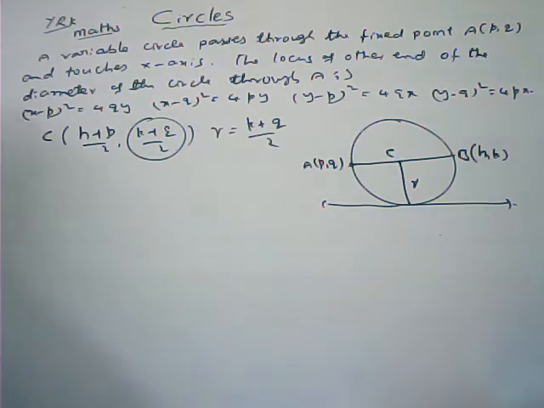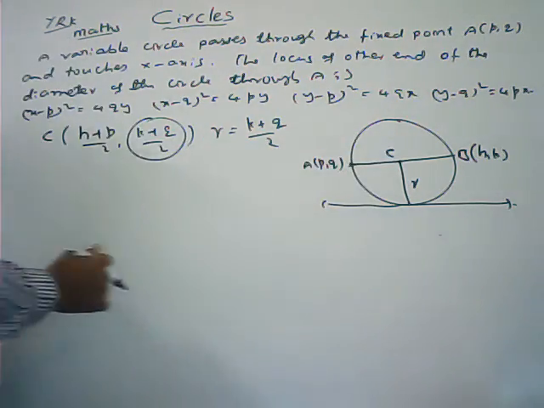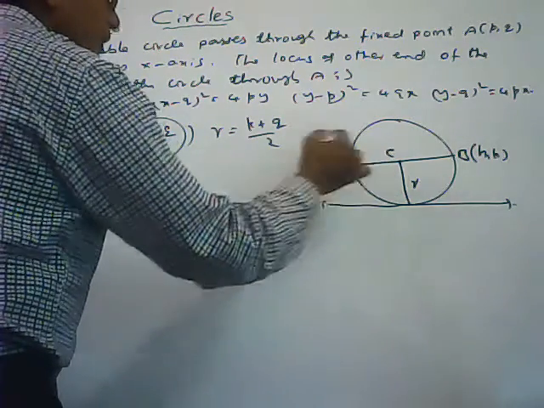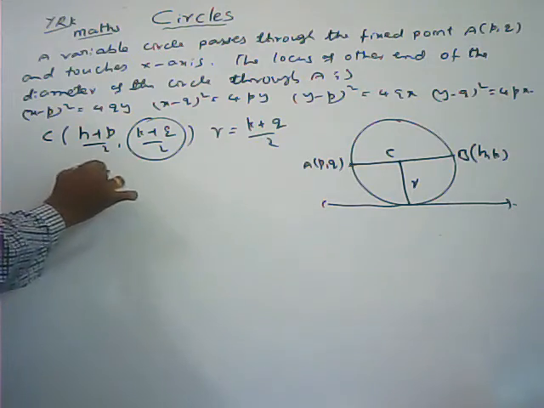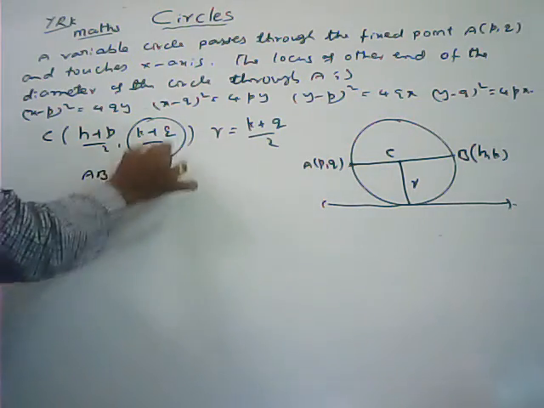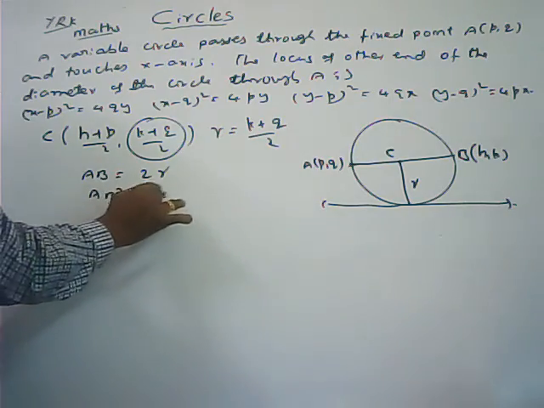Now I have the radius, so the distance between these two points, AB, should be equal to 2 times the radius, and AB² = 4r².